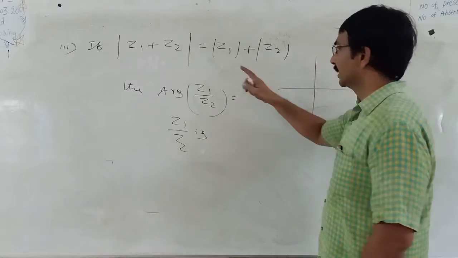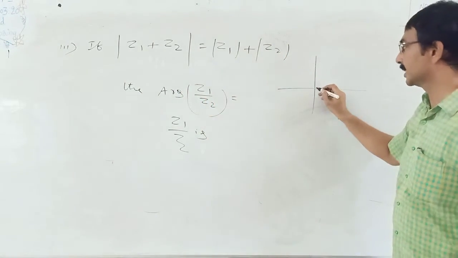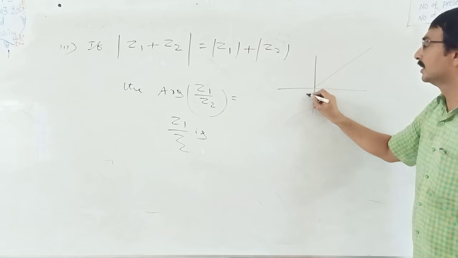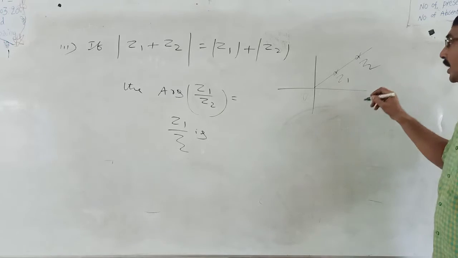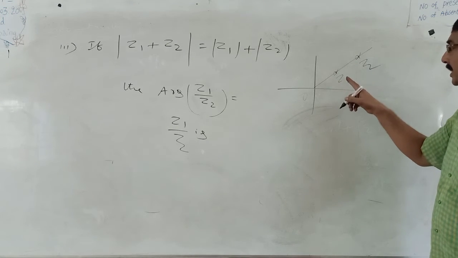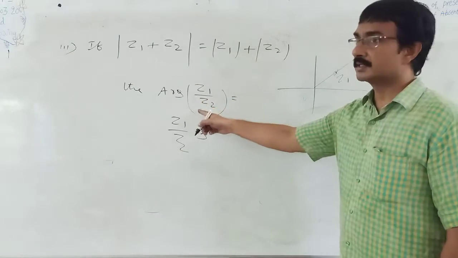Easy. Figure: if modulus of Z1 plus Z2 equal to mod Z1 plus mod Z2, from the above second application, Z1, Z2 are collinear and lie on the same side of origin. Now see this one.